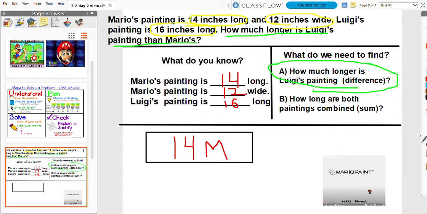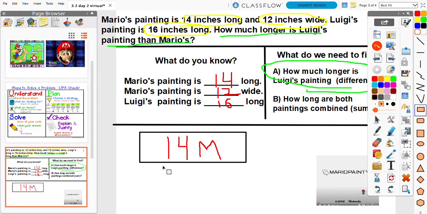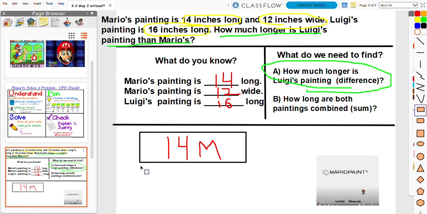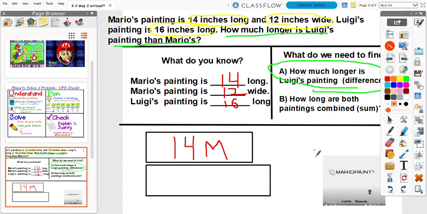Okay. And then now we need Luigi's painting. So let's do Luigi's little bar diagram as well. I'm going to draw a little bit longer since we know his is 16, and green for Luigi.